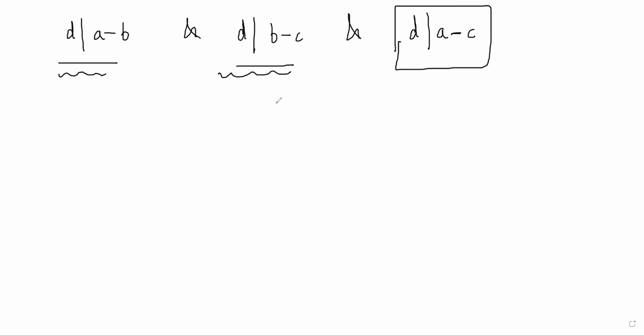So once we have these conditions, what you know is that A, B, and C are all congruent to each other modulo D, right?